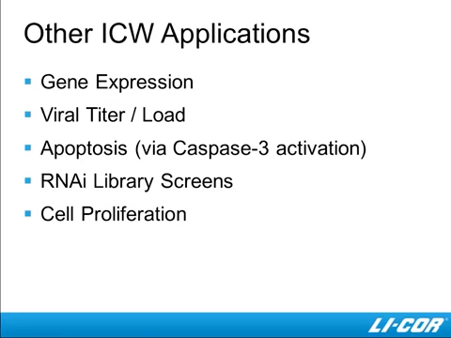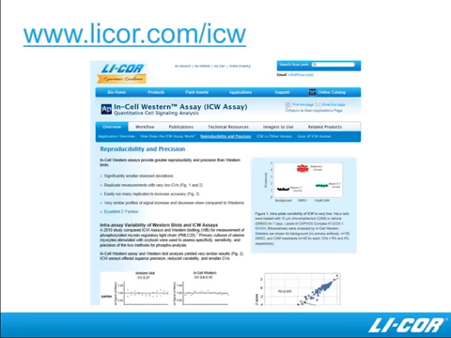And again, rather than spending a lot of time to go through each of these and how you can use it in the lab, I encourage you to go to licor.com/ICW. At our website, we have a ton of information about this assay. We have overviews, protocols, example publications. Additionally, we have links so you can contact us, and we can get you in contact with your local field application scientist, and they can help you develop this assay as well.